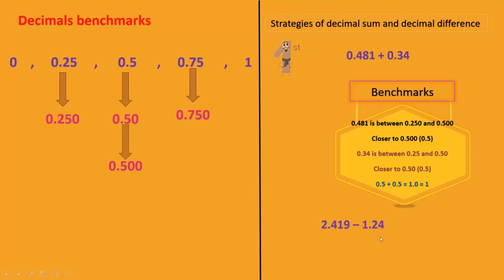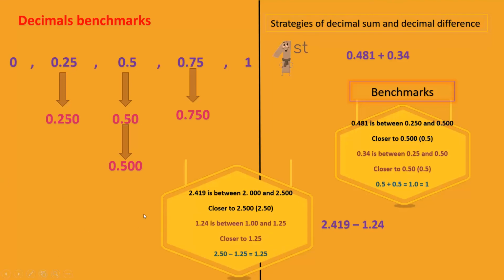2.419 minus 1.24, benchmark strategy. 2.419: 2 is a whole number, and the benchmarks here are, yes, 2 and 2.500.